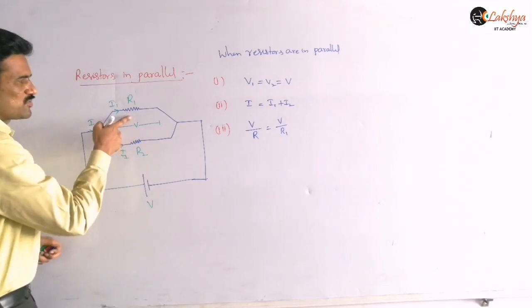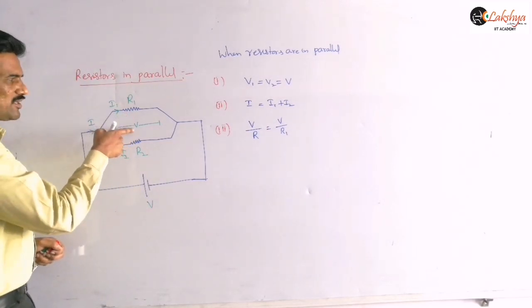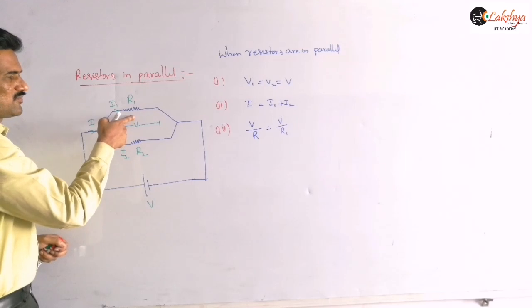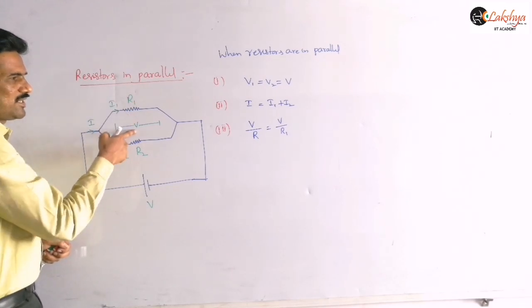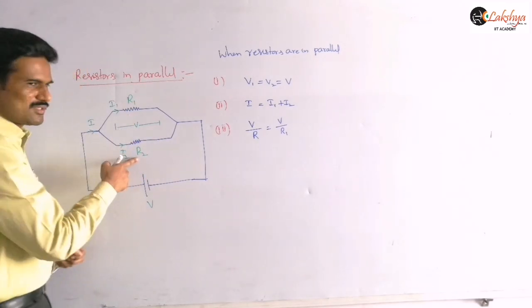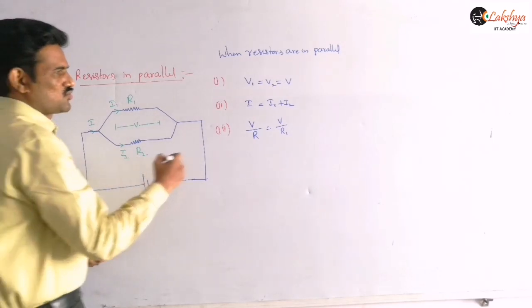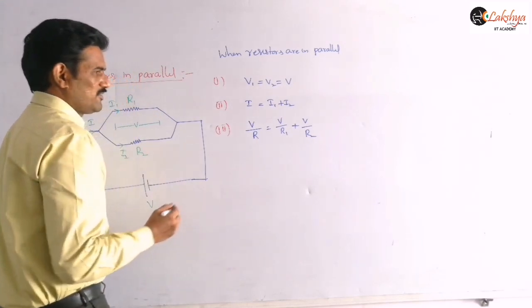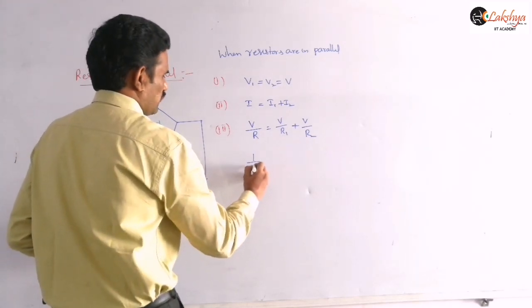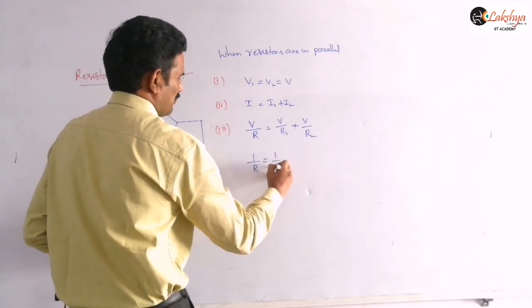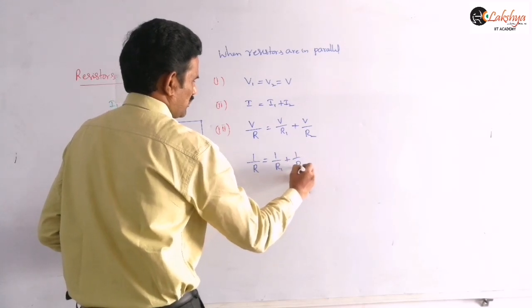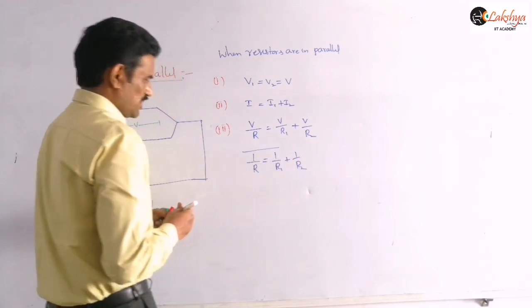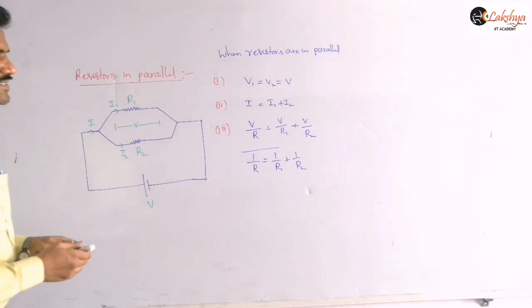We can apply Ohm's law for this. So V is equal to IR, the potential difference. So then we can write I1 value as V by R1. Similarly, for this we can write I2 value as V by R2. Then the V value we can cancel there. Therefore, 1 by R is equal to 1 by R1 plus 1 by R2 we can write. So that is our effective resistance equation here.